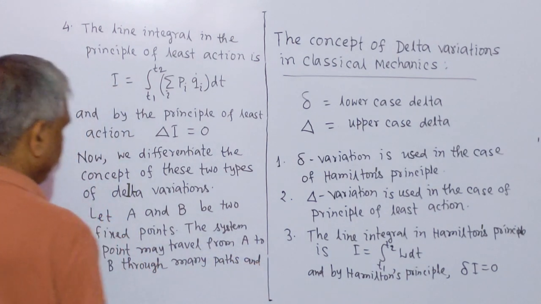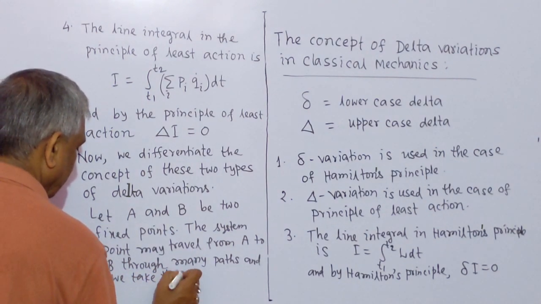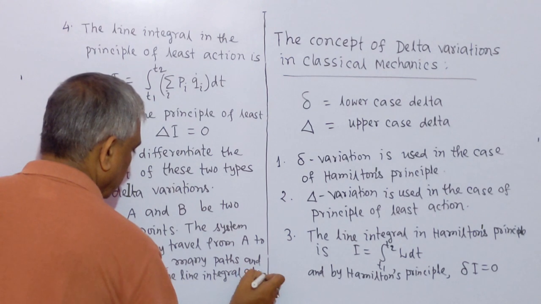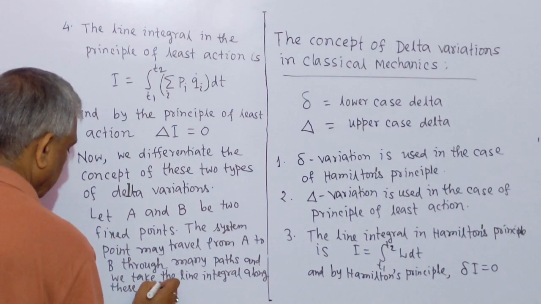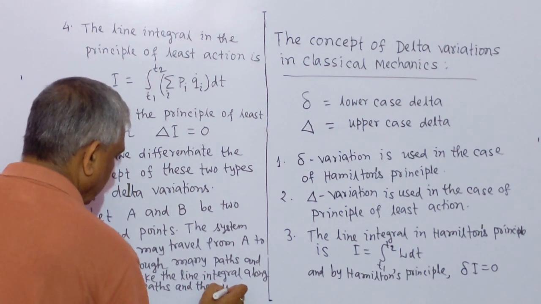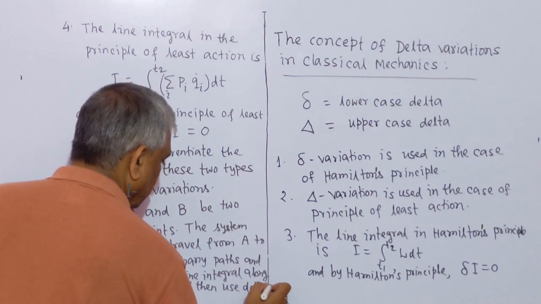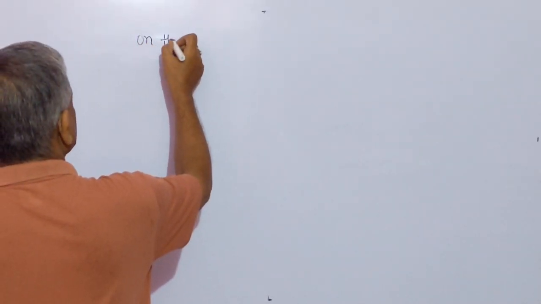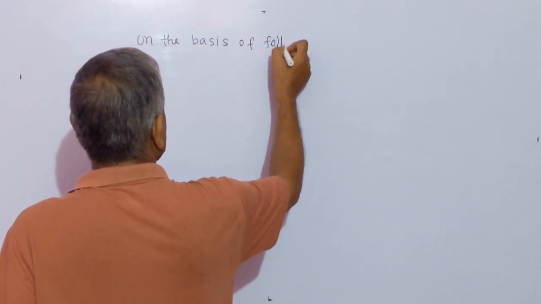and we take the line integral along these paths and then use delta variations on the basis of following assumptions.